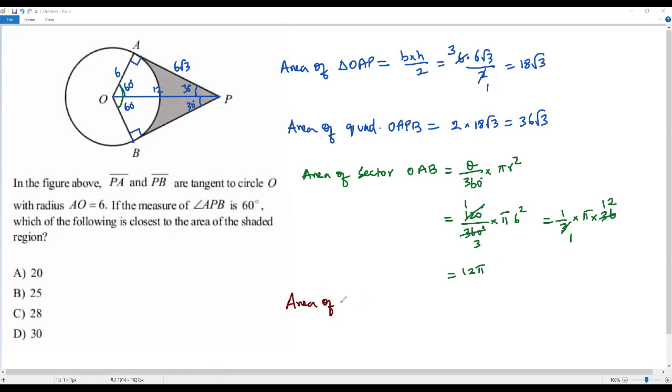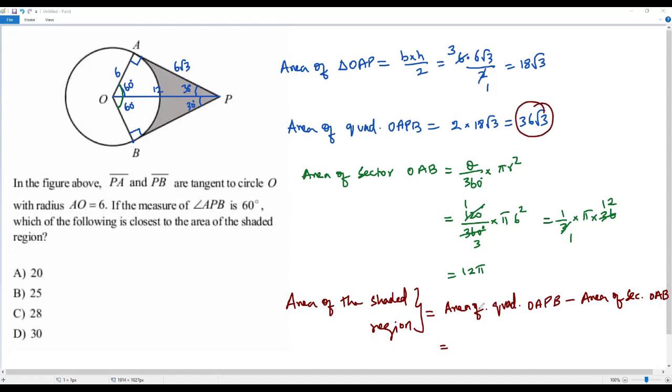Area of the shaded region equals area of quadrilateral OAPB minus area of sector OAB, that is, the area of quadrilateral OAPB is 36 times square root of 3, minus the area of sector OAB, which is 12 pi.